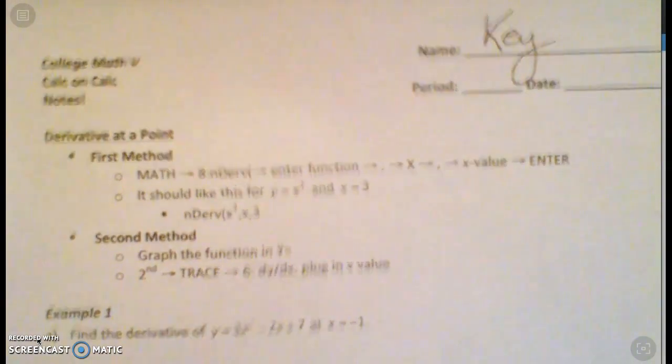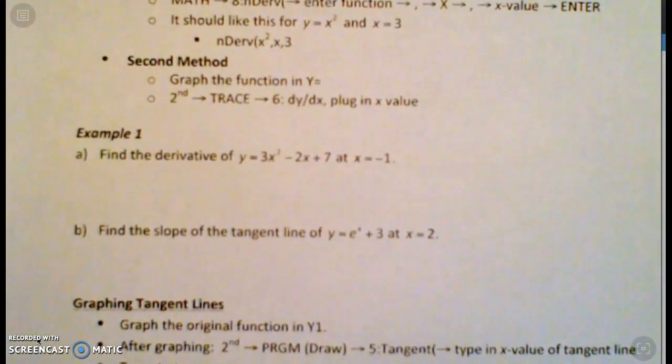Alright, so example 1, let's try one of these each different way. You could do it the old-fashioned way and find the slope and plug it in, but I'm going to type this in my calculator.